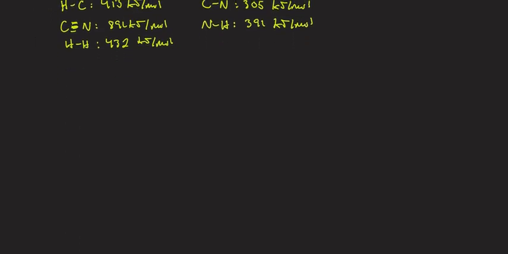Now, to calculate enthalpy using bond energies, we need to find the sum of our bonds broken minus the sum of our bonds formed.